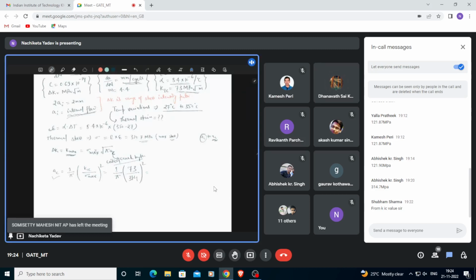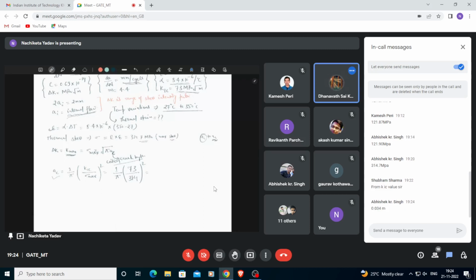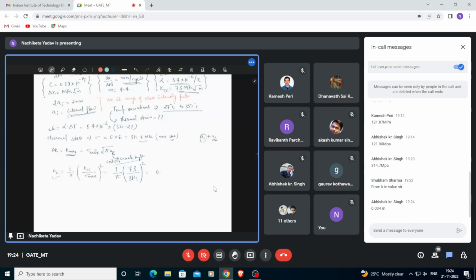Now can you tell me what the AC value is? Yeah, 0.034 meter. Everyone is getting the same value.